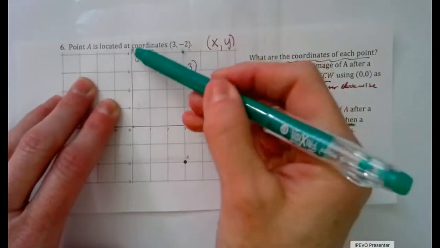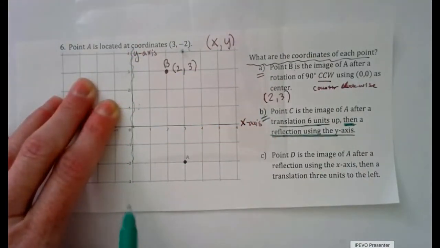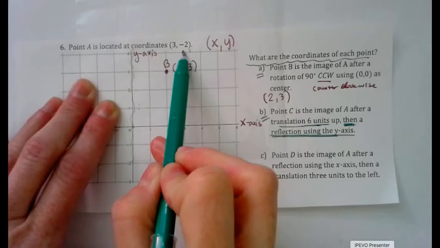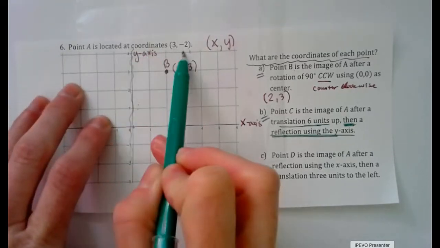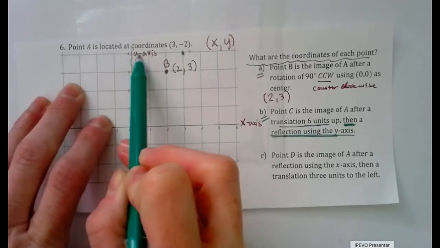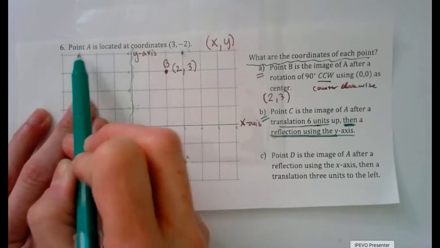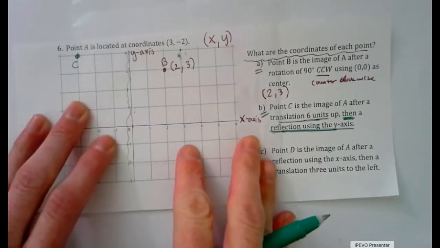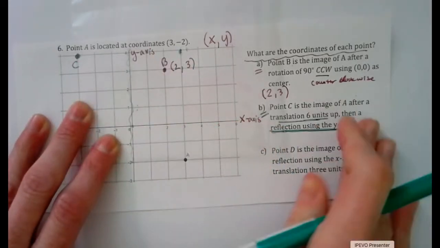Now, the y-axis is my reflection line. And what we know about reflections is my point will be equal distance from the reflection line. So if my point is 1, 2, 3 from the reflection line, I know my answer will be 1, 2, 3. So my reflection would actually be to the left. Original is 3 to the right, my reflection is 3 to the left.